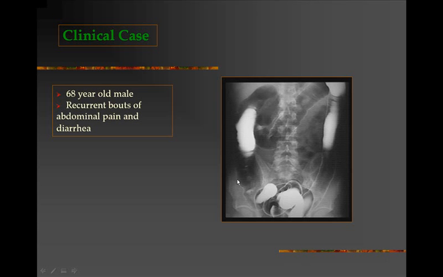One sees the different parts of the ascending colon, the transverse colon, and descending colon. The striking difference from the normal barium enema is the loss or absence of haustrations. This is a typical picture of ulcerative colitis.